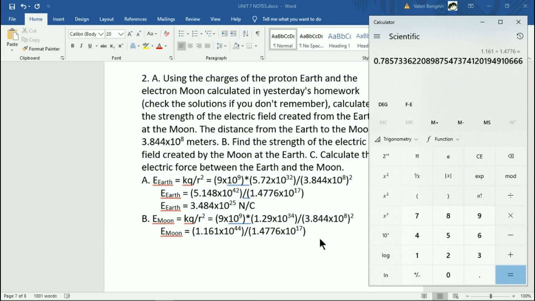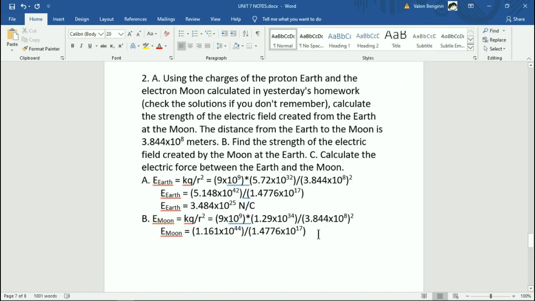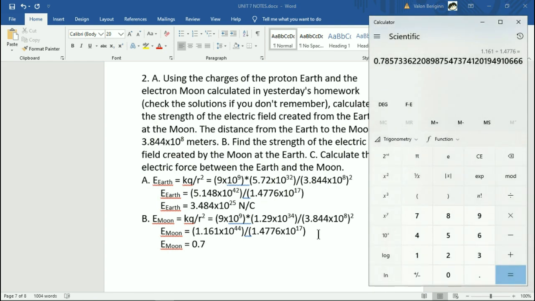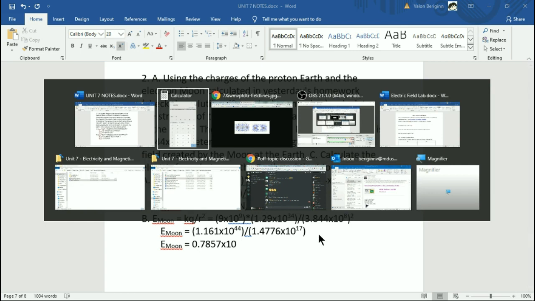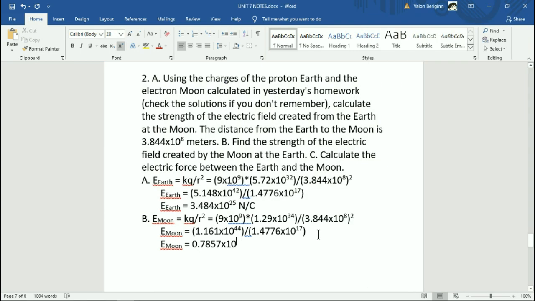I'll do 0.7857. 7857 times 10 to the 44 minus 17 is 27. Yes? I so don't trust myself. Okay, yes, 27. But again, we have to move this over, so this is going to become 26. Does that line up pretty well?